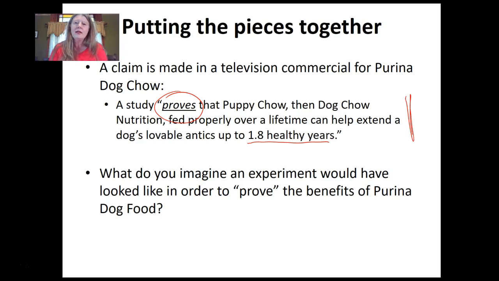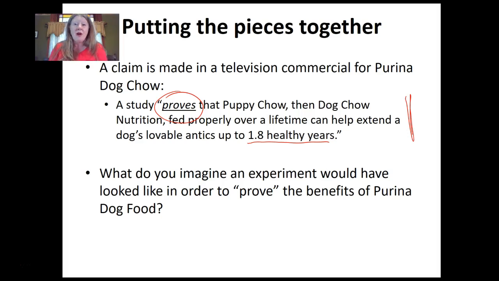I just want you to think a little about what an experiment should look like in order to make this particular claim. What would you expect the researchers would have done in this study? Maybe you're thinking, we'd want to look at all kinds of different dogs. We'd randomly assign some dogs to get one particular dog food, other dogs to get the Purina dog food.